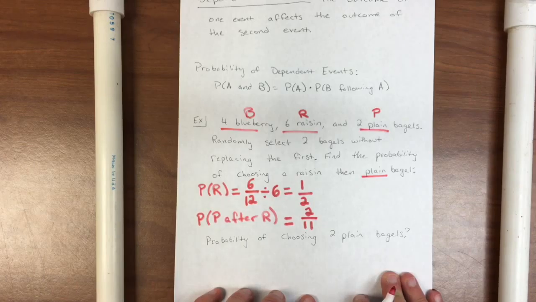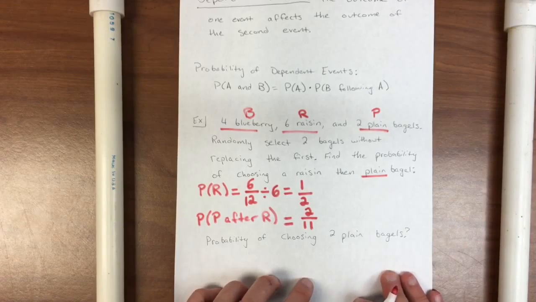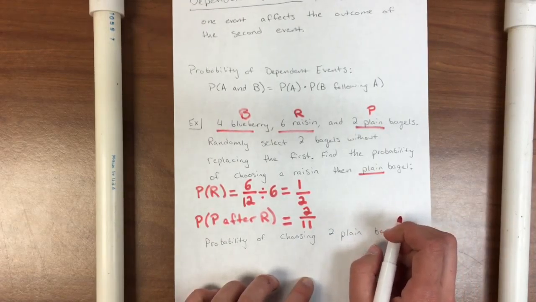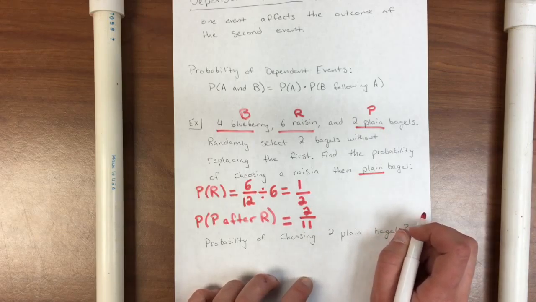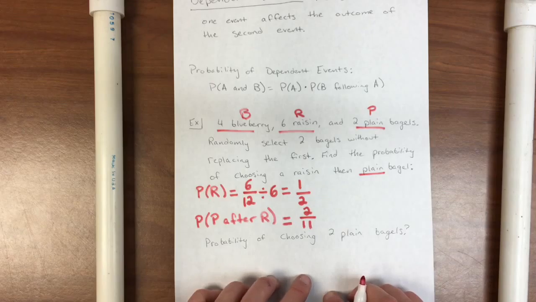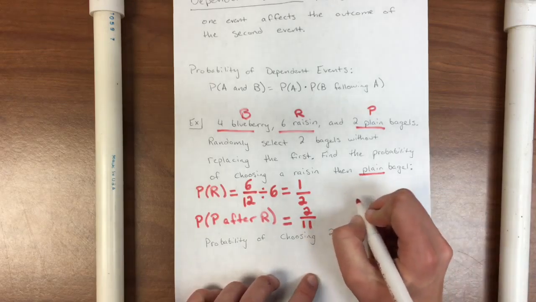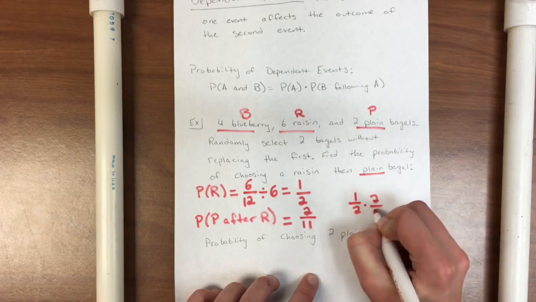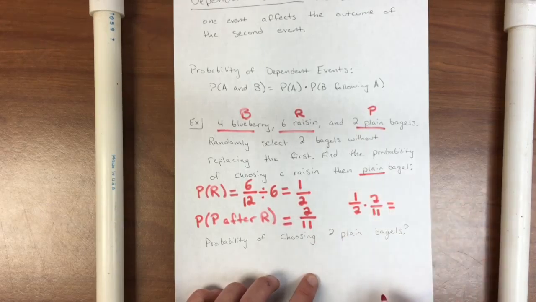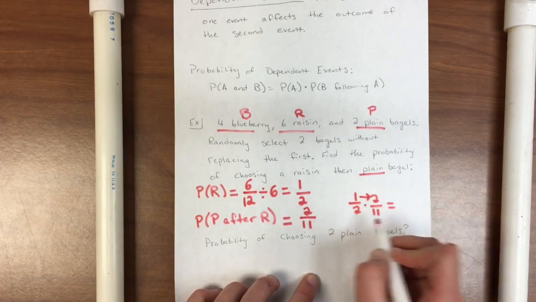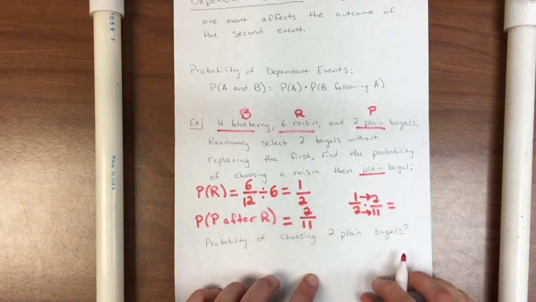But we want to find the total probability of these two. So the probability of raisin and then the probability of plain after raisin. What do I need to do with these two probabilities? Multiply them. So we're going to have 1/2 times 2 over 11. We're multiplying fractions, so we need to go straight across the top and straight across the bottom.